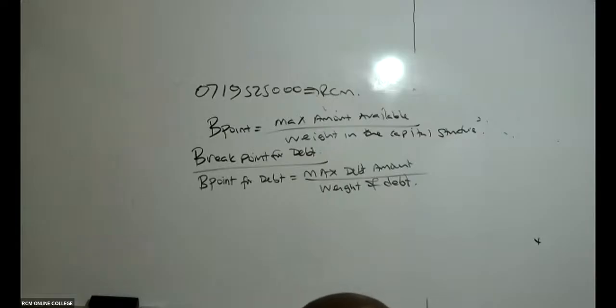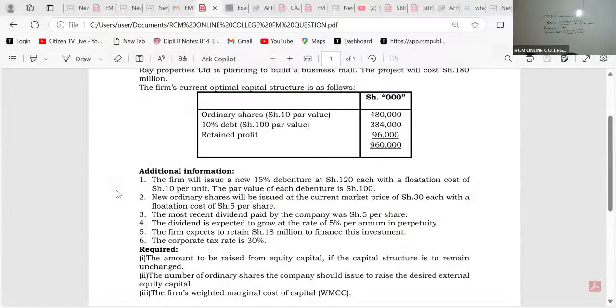I'm telling you the truth. The firm will issue new 15% debentures at 120 with a flotation cost of 10. They are not saying something like 100 million is the maximum you can get from debt. There are no restrictions here.